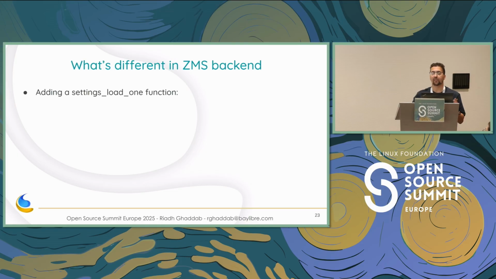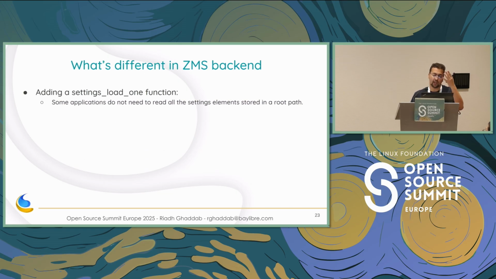We also added something in the ZMS backend that wasn't there before: a function called settings load one. Before, it was loading from a root path, so the settings subsystem was loading all the keys, or if you had one key, it was loading only that key. But we added a settings load one operation because of the hash.